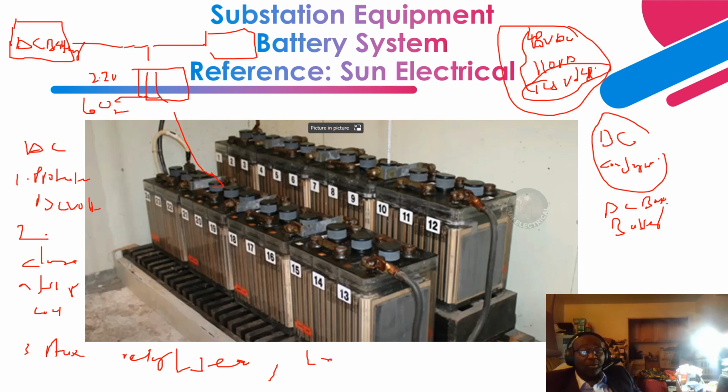Next is a lockout relay. Some of these 86 lockout relays require a DC voltage. And some of the protective relays also require dual voltage, DC voltage or either AC voltage. So you have the option of utilizing AC voltage also, but that one has to be a clean voltage, probably one that can come from a UPS system.